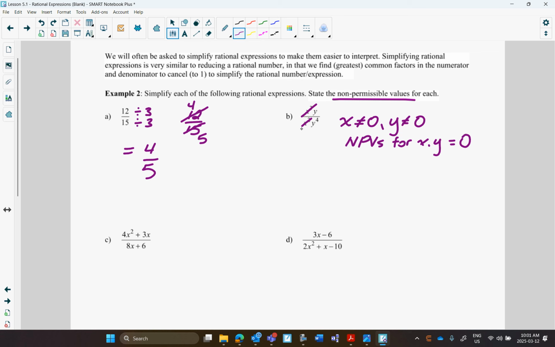I got an x cubed up here and an x squared down here. I can take out 2, right? Which will leave me with just 1 there, because x squared divided by x squared is 1. What's x cubed divided by x squared? It's just x. So there's an x left here.